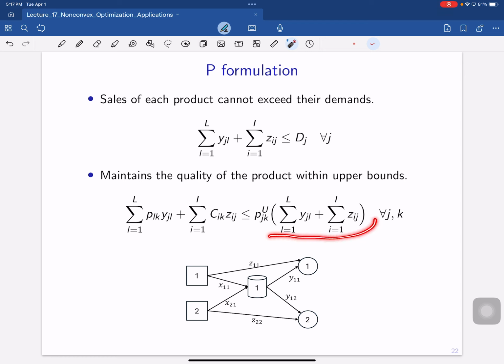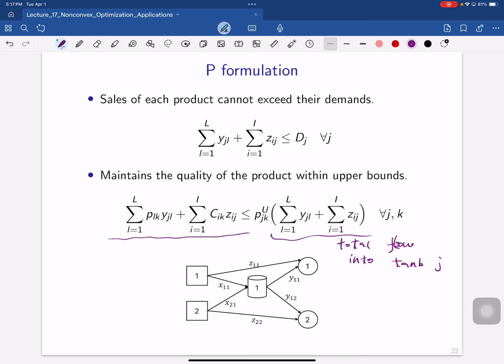So this part is the total flow into a given tank, j, right? And then the left-hand side represents the sum of the quality k.